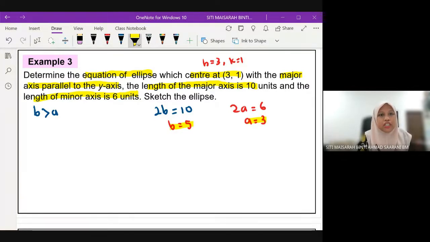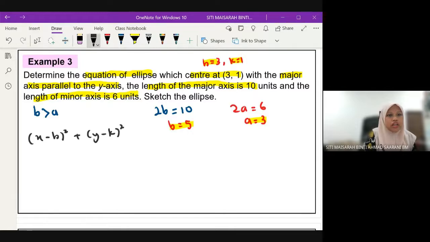Dia nak equation dulu kan. So kita dah ada semua sebenarnya. Kita dah ada h, dah ada k, dah ada b, dah ada a. So jadi (x minus h) square plus (y minus k) square, ni ada over a square, over b square sama dengan 1.